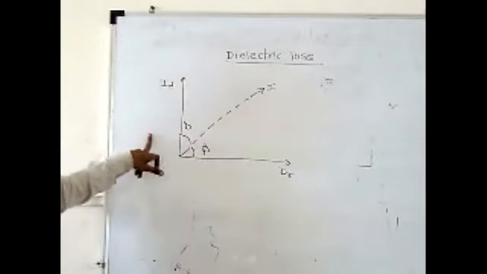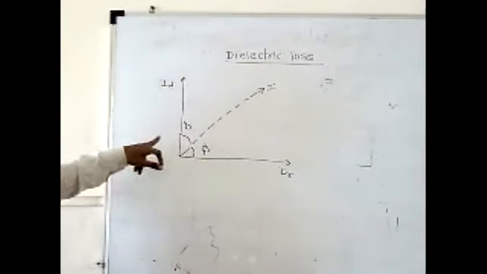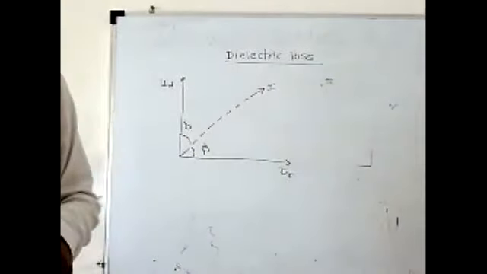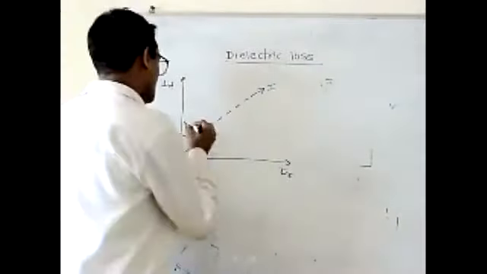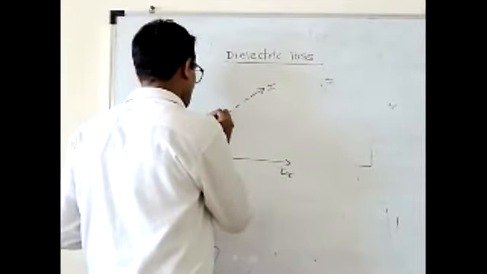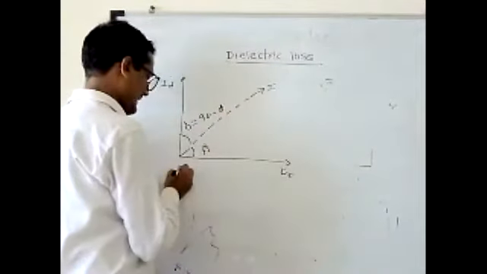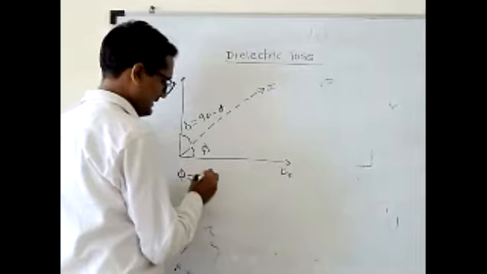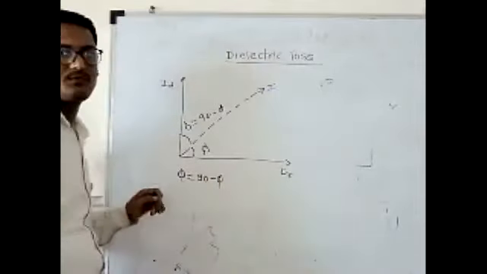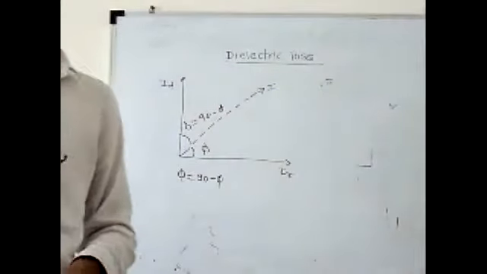What is the angle? Delta equals 90 minus phi. Okay, this is the phasor diagram.